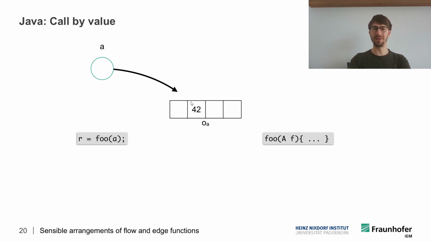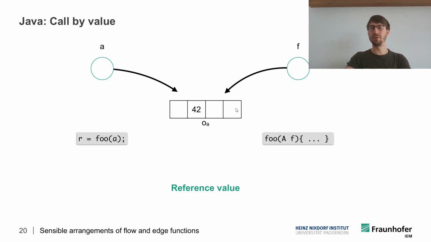Let's suppose it's this field here that has the value 42. Now when you call the method foo with a, and a is a reference value, then f will also hold this reference to the very same object.